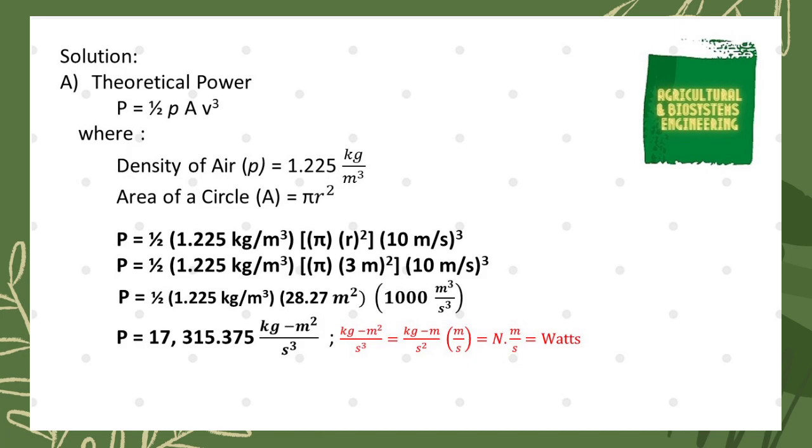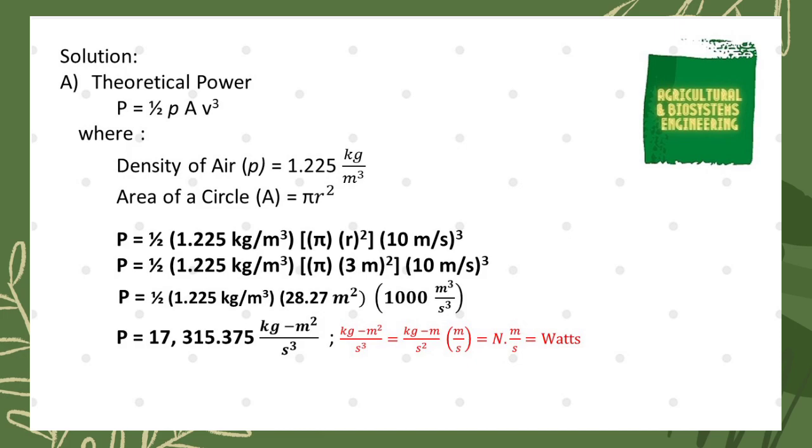And giving us power is equal now to 1/2 times the density of air, which is 1.225 kilogram per cubic meter, times the area of a circle, which is pi times its radius of 3 meter squared, times the cube of the speed or the velocity, which is 10 meters per second.